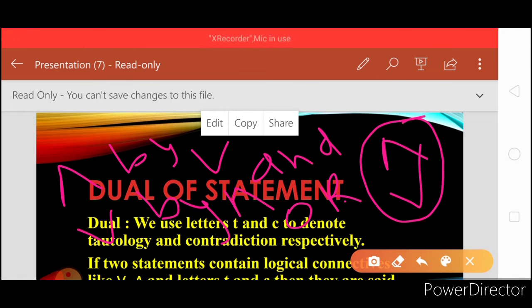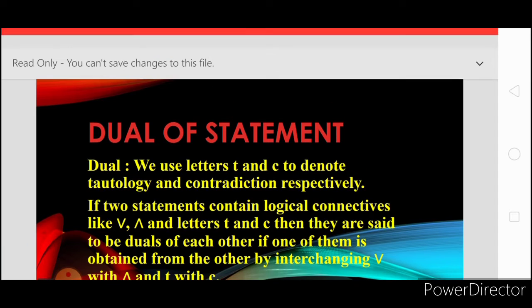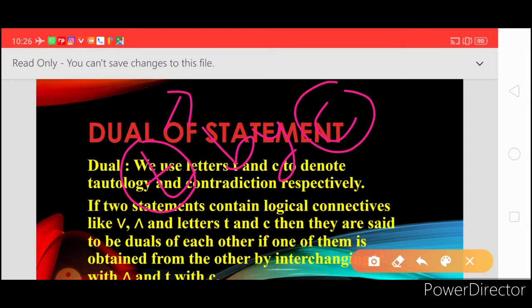Friends, we don't change negation in a given statement. Just change conjunction by disjunction, disjunction by conjunction, and also small t by small c. Here small t means tautology and small c means contradiction.